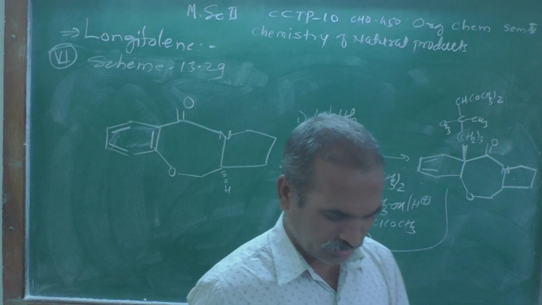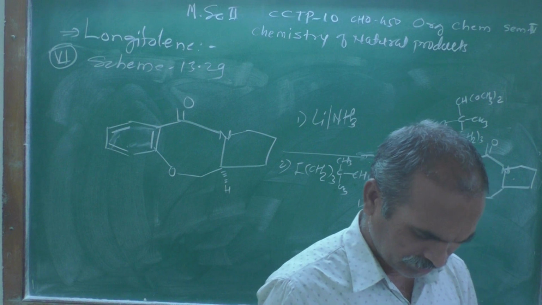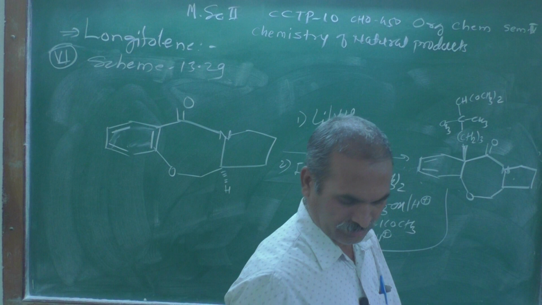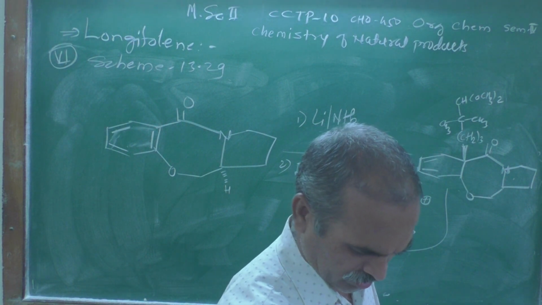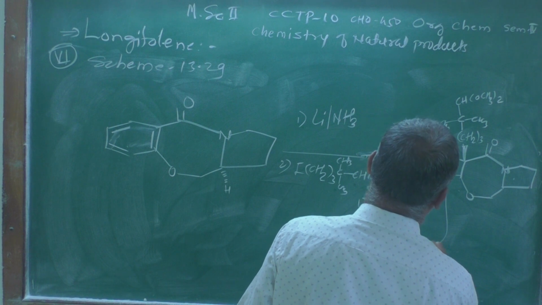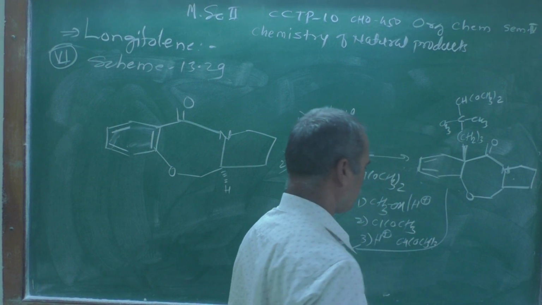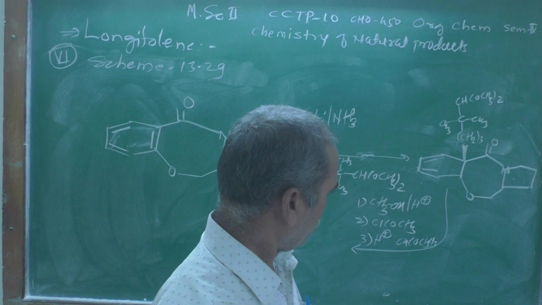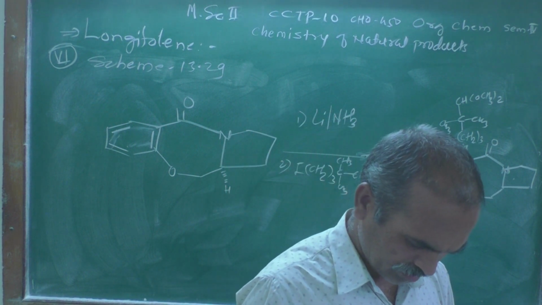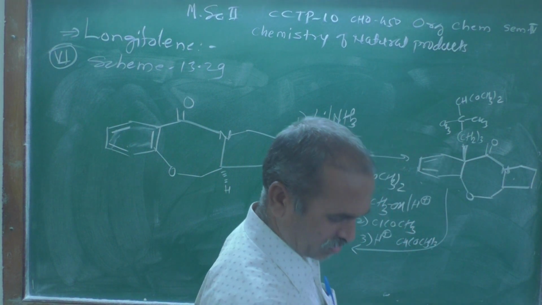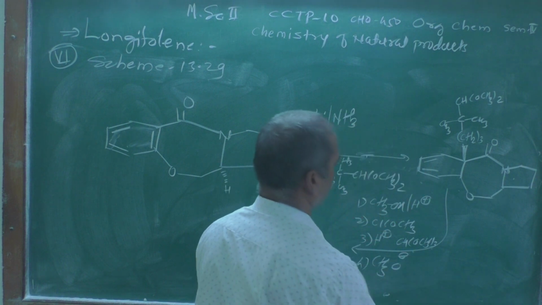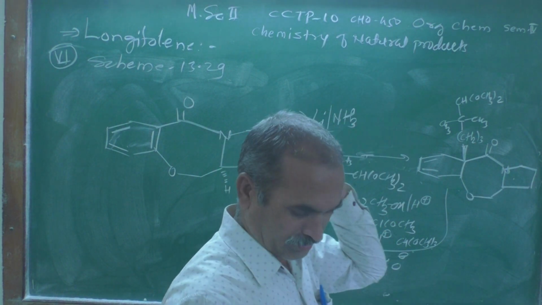The third reagent is an acid treatment, H plus in presence of CH(OCH3) thrice, that is a tertiary type of compound. Then methoxides are there. The fourth is CH3O minus, which is added.